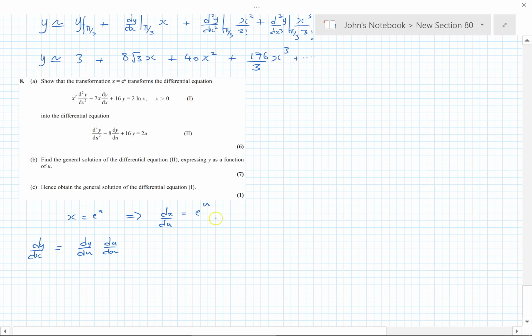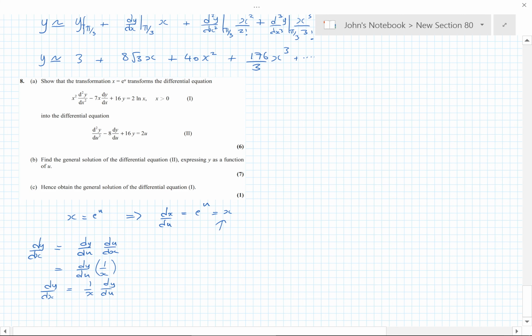Now du by dx is a reciprocal of dx by du. Notice that this is equal to x, because e to the u is equal to x, so du by dx is 1 over x. So dy by dx is equal to 1 over x dy by du.